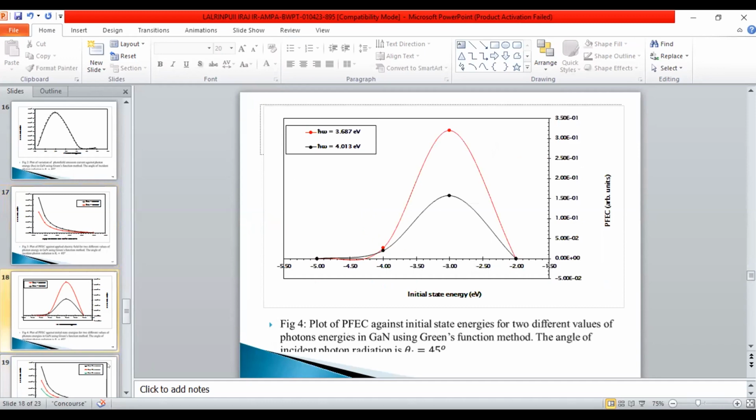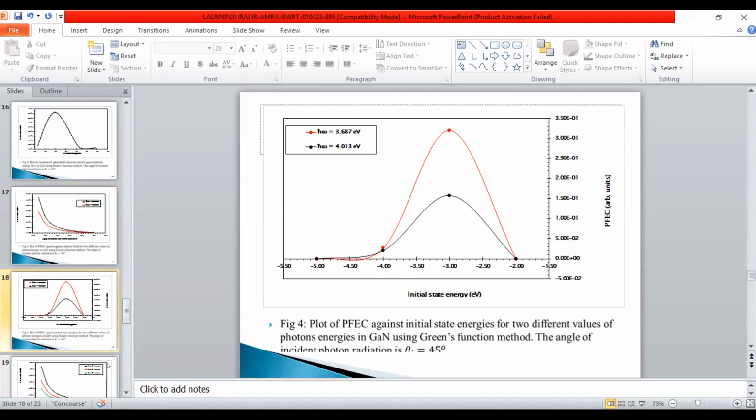In figure 4, we have also plotted the calculated result of photo field emission current as a function of initial state energy Ei for two different values of photon energy ħω equal to 3.687 electron volt and 4.013 electron volt respectively.